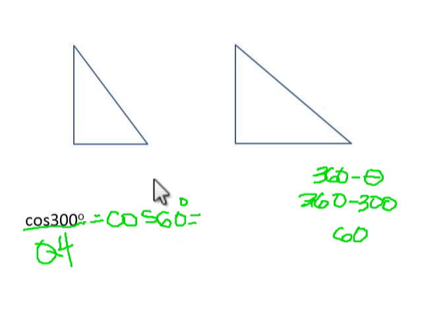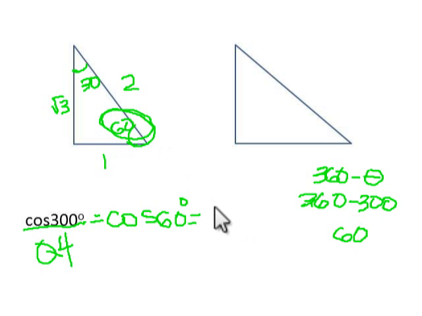And since 60 degrees yan, ang gagamitin natin triangle ay babalik tayo uli sa 30, 60, 90. So, dapat marunong na kayong mag-memorize niyan ng mga pattern. So, this will be square root of 3, 1, 2. 60 degrees, dito tayo titingin. Ano ang cosine? Adjacent. Ang adjacent niya is 1 over hypotenuse 2.